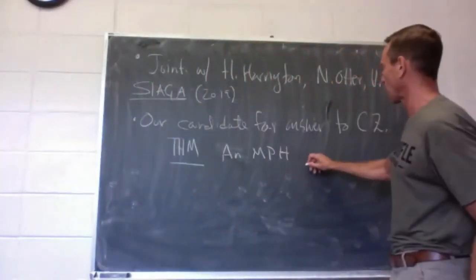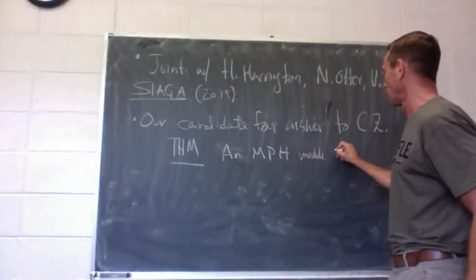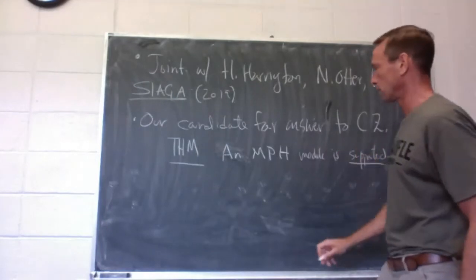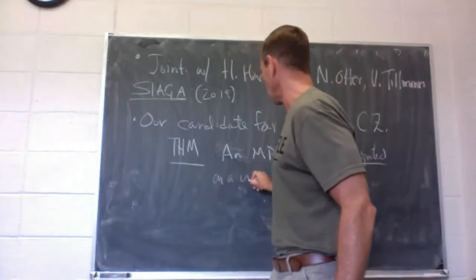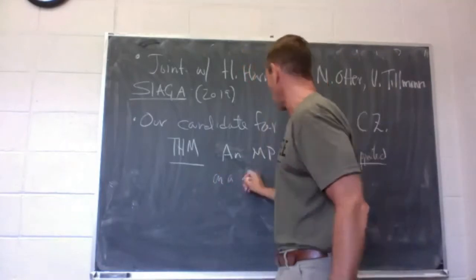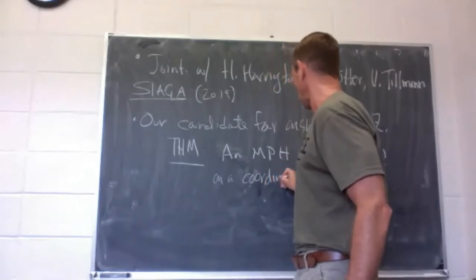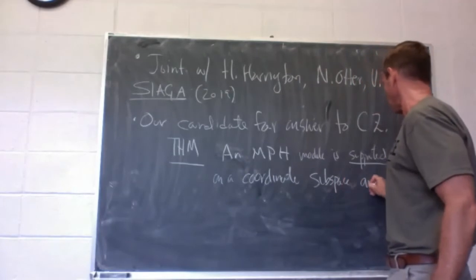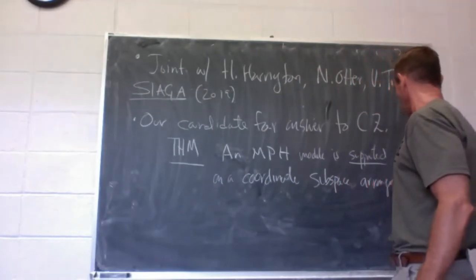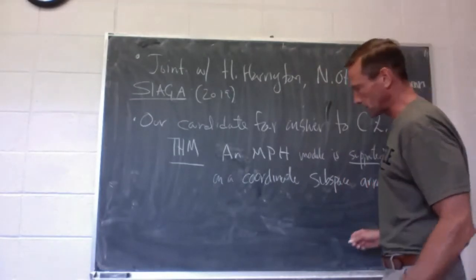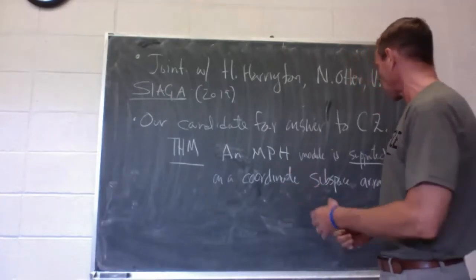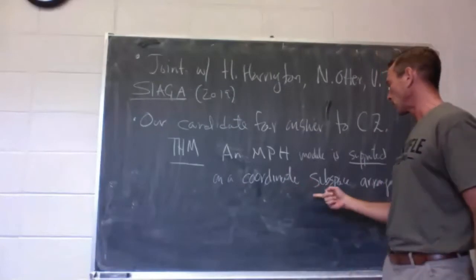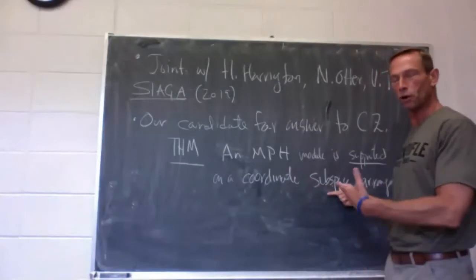A multiparameter persistent homology module is supported, and I'll talk about what support means, on a union, let's just say, of a coordinate subspace arrangement. One of the things that I enjoy working on in topology is hyperplane arrangements. A hyperplane arrangement is just a collection of hyperplanes. Here, instead of hyperplanes, we have subspaces, but they're coordinate subspaces.